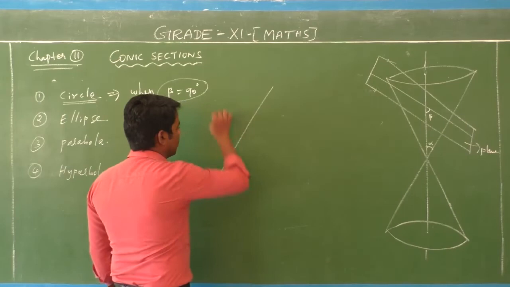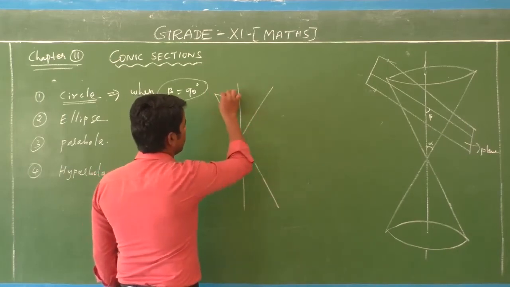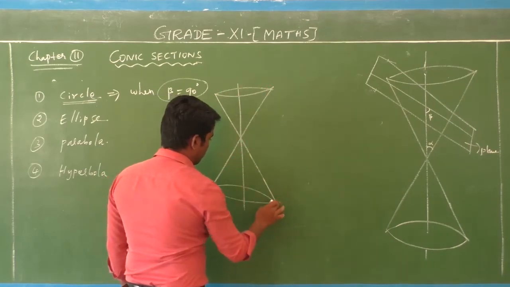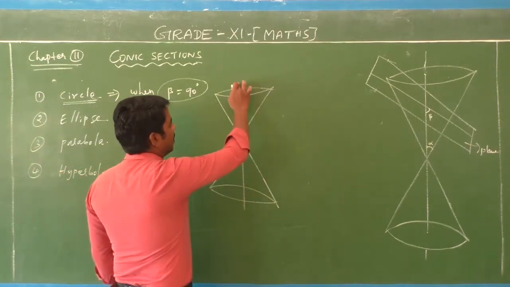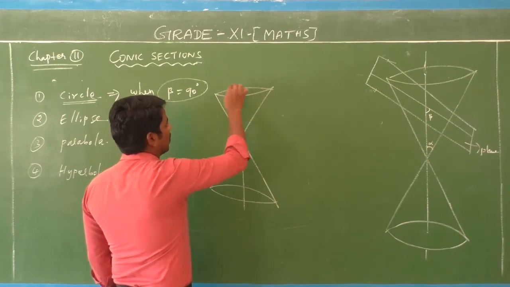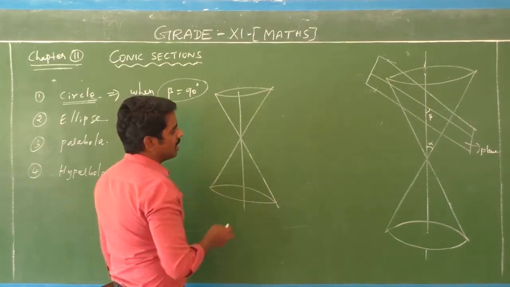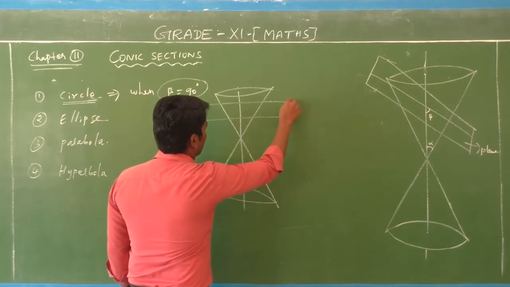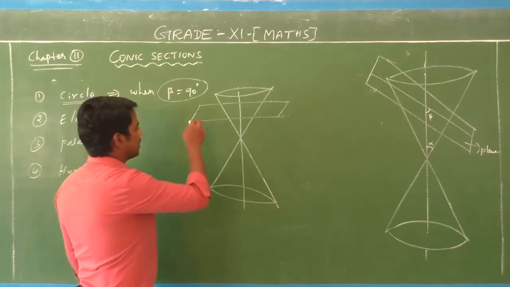And this is a right circular cone. Take a plane and cut this cone with beta equal to 90 degrees. So the plane is parallel to the x-axis.